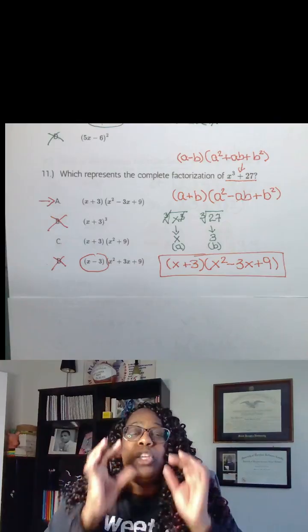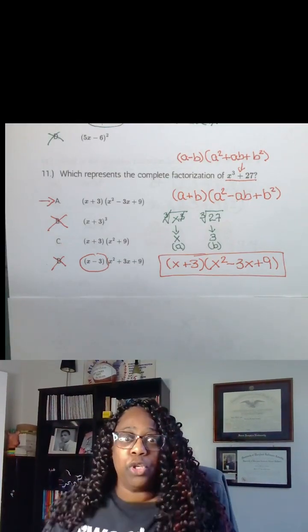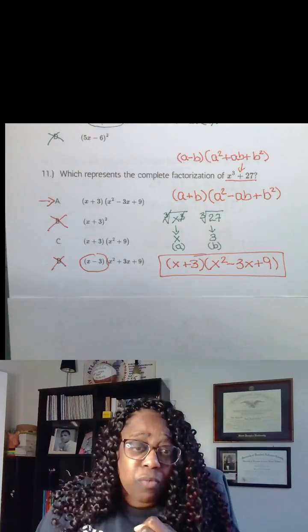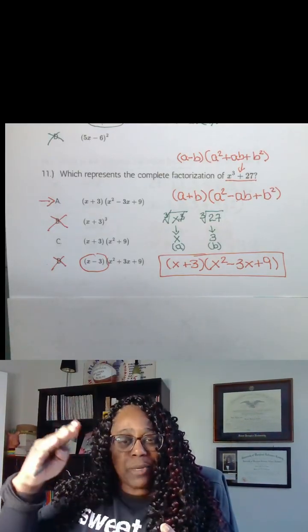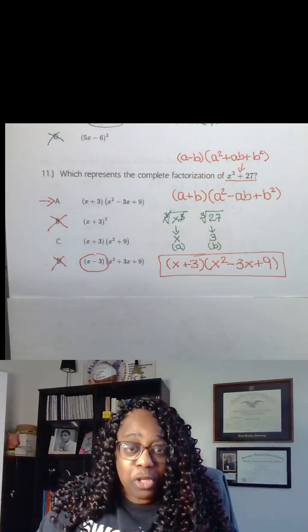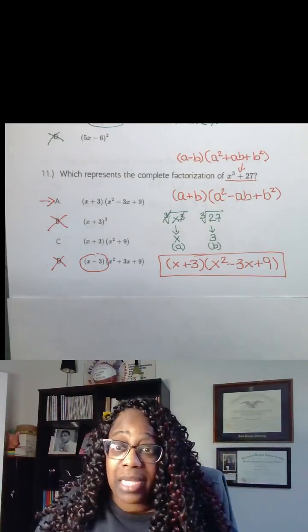And I know cubes is tough, especially for us in the States, because we're so used to squares. We're so used to squaring things. We're so used to looking at square roots or radicals. But then once we start doing some advancing, especially you'll see it either late Algebra 1 or definitely in Algebra 2, it's like, wait, I have to think. Okay, so that's understandable.